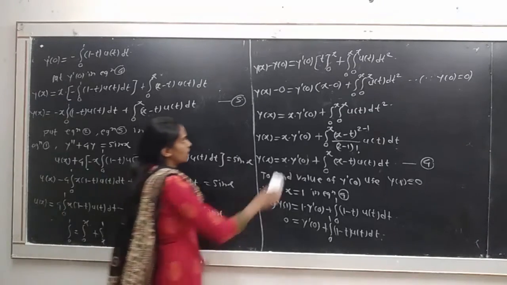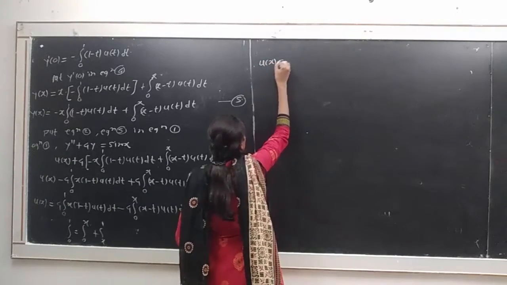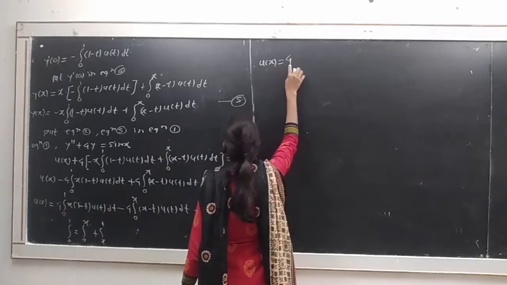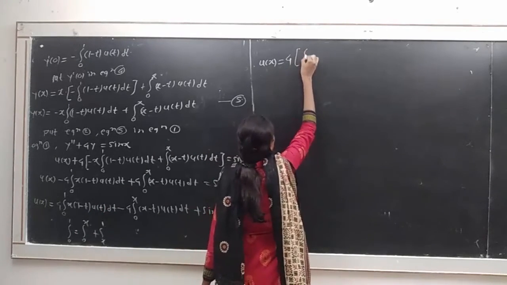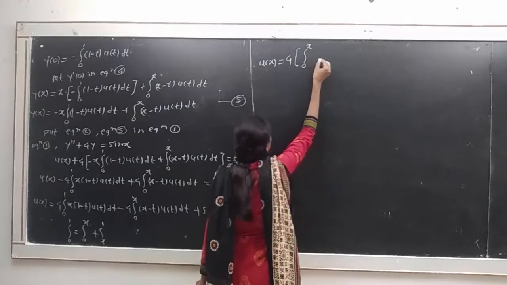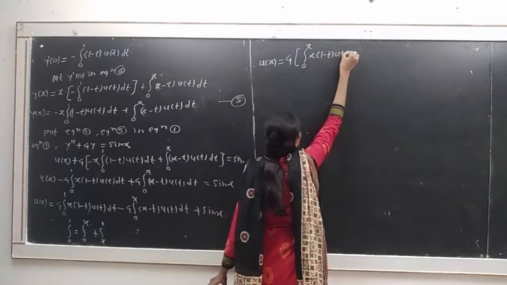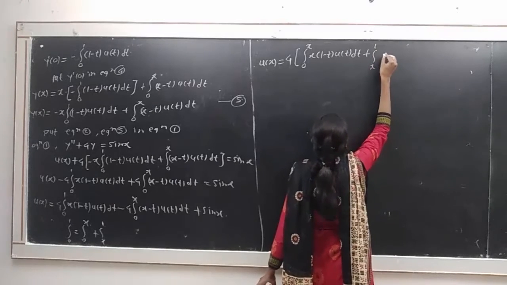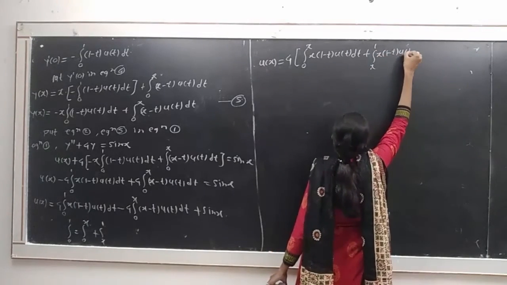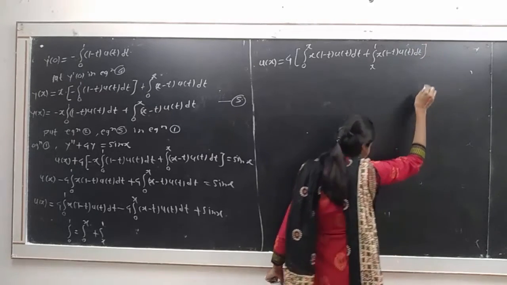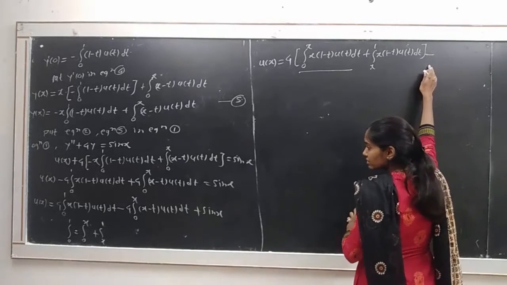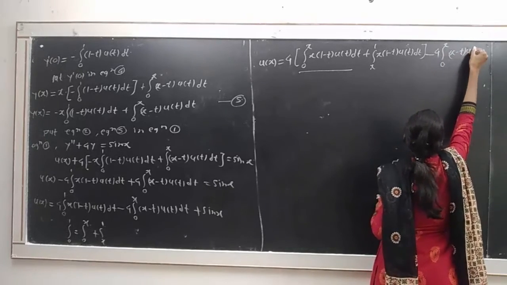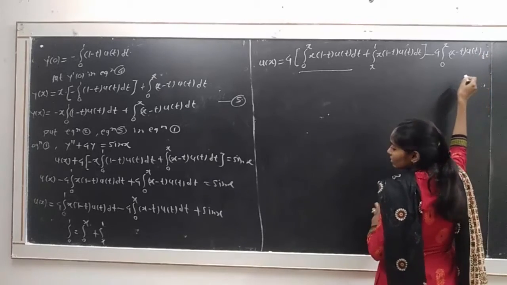By using this we get u of x is equal to 4, in bracket we can write integral from 0 to x of (1 minus t) into u of t dt plus integration from x to 1 of x (1 minus t) into u of t dt, and minus 4 integration from 0 to x of (x minus t) into u of t dt plus sin x.